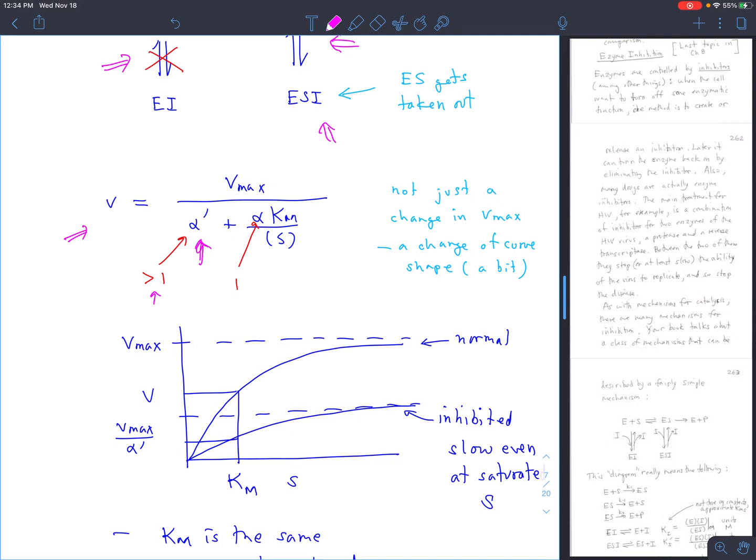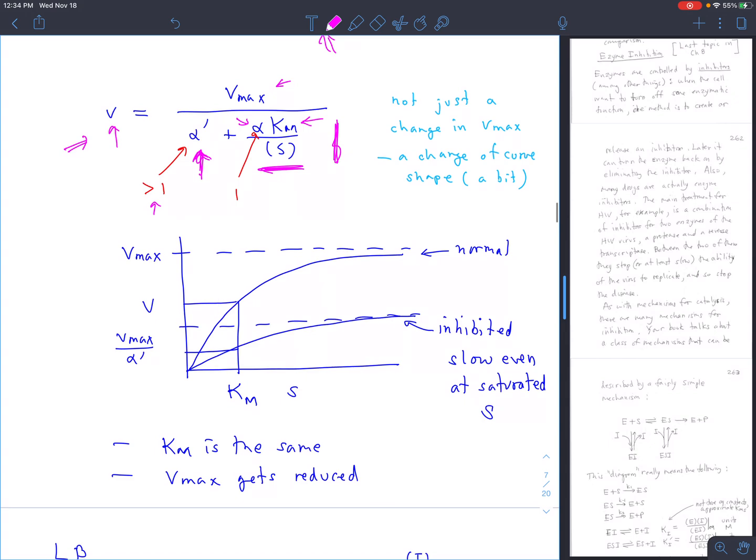So it doesn't change Vmax directly, right, because this term is still there. But the fact that it's bigger than 1 means that generally this whole denominator is going to be bigger than it otherwise would be, and so velocity is going to be smaller. On the other hand, alpha itself is 1, which means that the Km value isn't being effectively changed anymore.